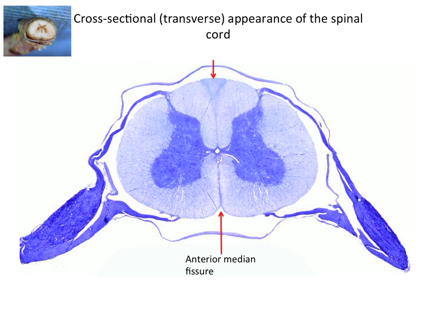If you want to identify posterior, then you look at this. This is the posterior median sulcus, and the sulcus is quite simply just a little groove, and it's posterior and it's in the median plane. Excellent, good. Now in the center you can see this little space here, and we're going to call that the central canal. And in life the central canal is filled with a fluid.